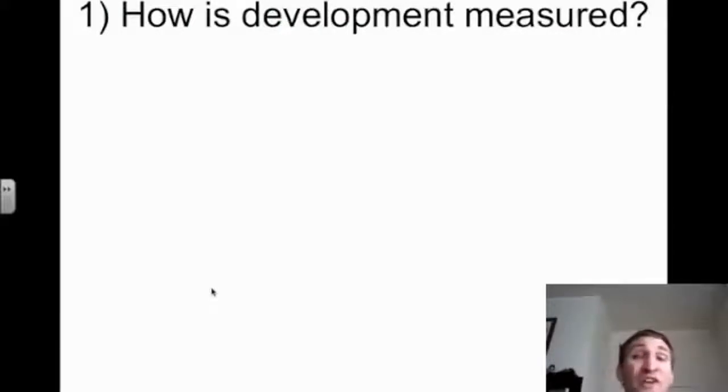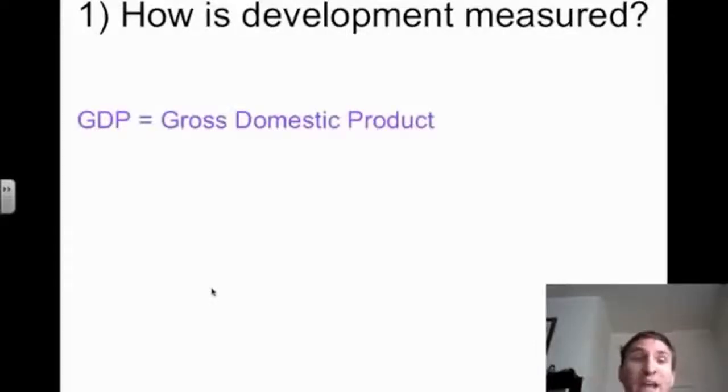How do we measure development? We're going to talk now about a number of ways that demographers, those that study people and population, measure development in countries. One way is the money factor, GDP, gross domestic product. What is that?